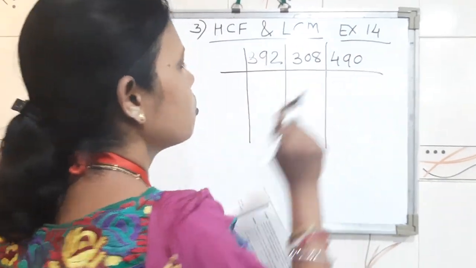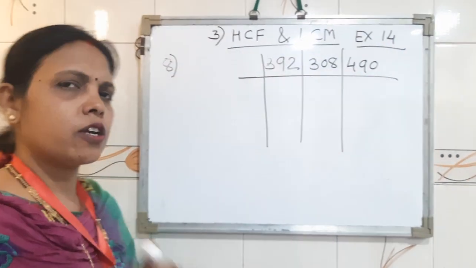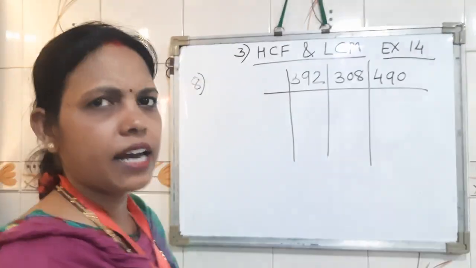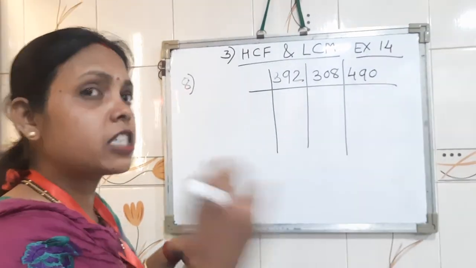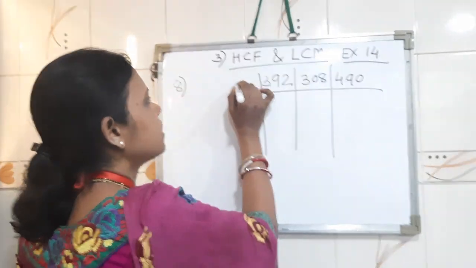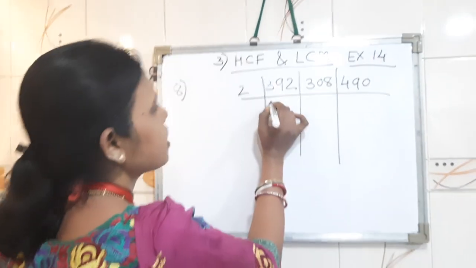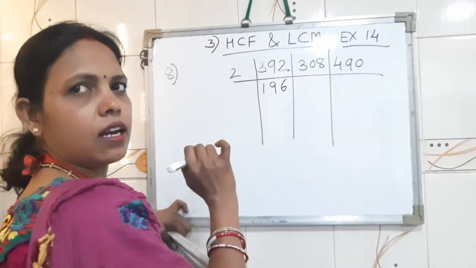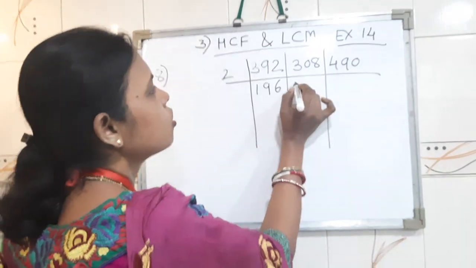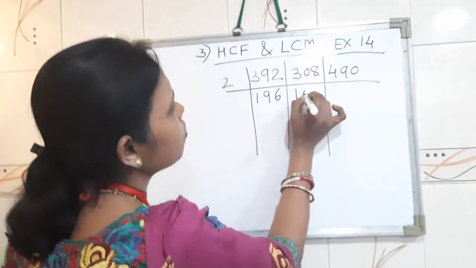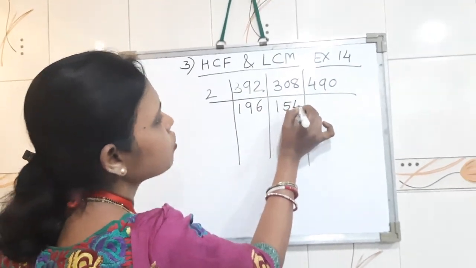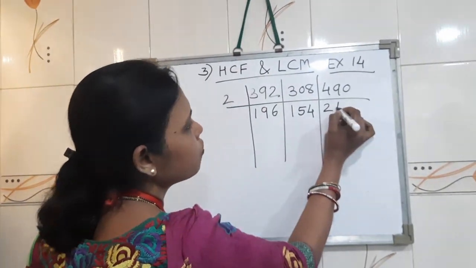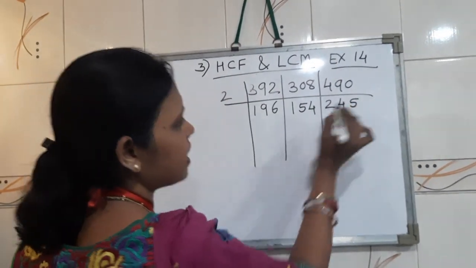So children, we will see by which number all these numbers are divisible. First we will take 2. 2 1 are 2, 2 9 are 18, 2 6 are 12. Next number, 2 1 are 2, 2 5 are 10, 2 4 are 8. Next one, 2 2 are 4, 2 4 are 8, 2 5 are 10.